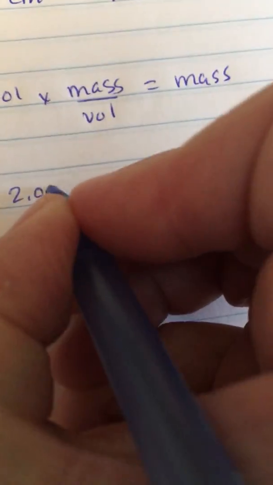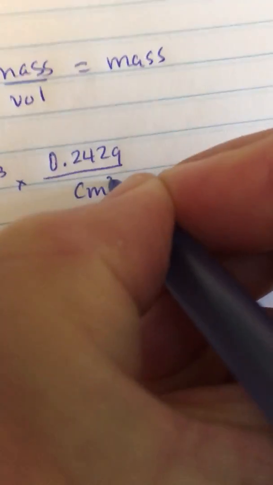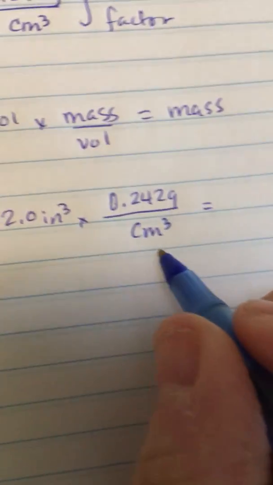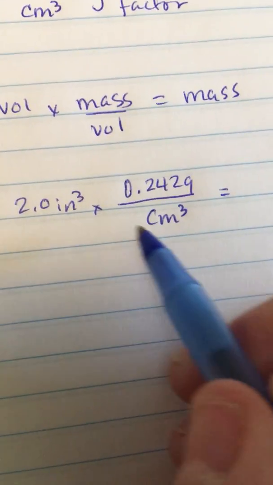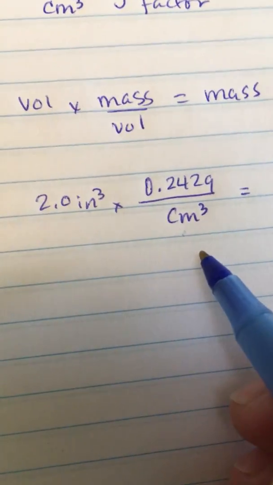So let's just plug in the numbers. You have a volume of 2 cubic inches, and you're going to multiply that by 0.242 grams per cubic centimeter. And it looks like those volumes are not going to be able to cancel to leave you with grams, because you want your answer in grams.